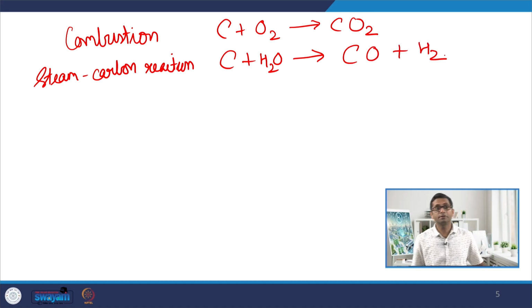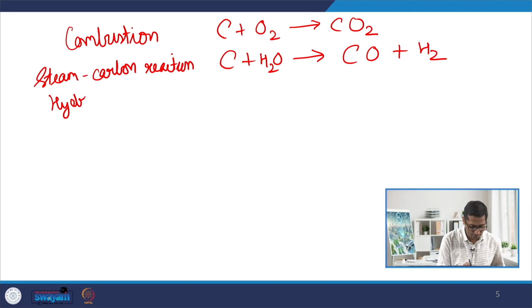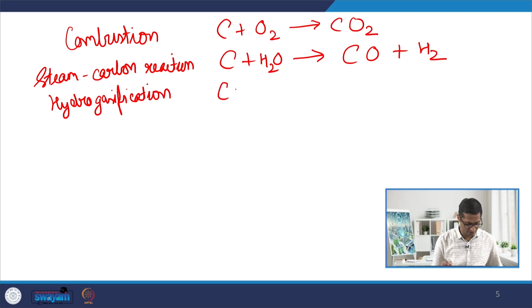So if you note what the source of hydrogen in here is, it's basically coming from the water molecules. Then there could be something called hydrogasification, wherein the carbon which is present in coal would react with hydrogen that is produced and might produce the methane molecule.